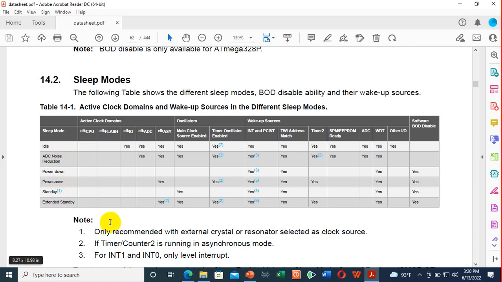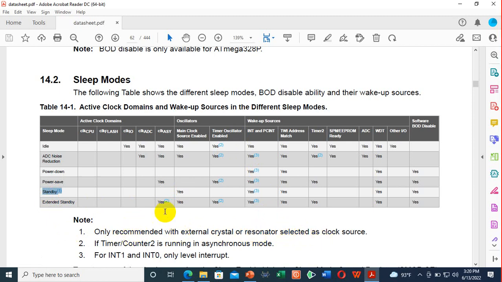Now, there are superscripts. For some terms, you see superscript 1, 2, 3. What is the meaning of the superscript? If you see the superscript 1, it is only recommended with external crystal or resonator selected as clock source. You see standby, standby is only recommended with external crystal or resonator selected as clock source.